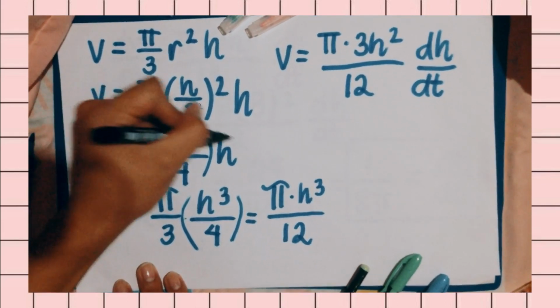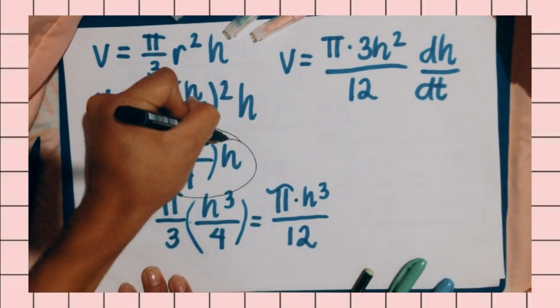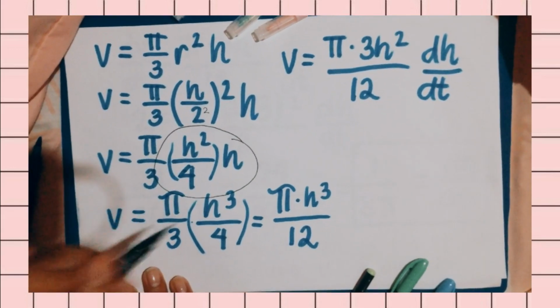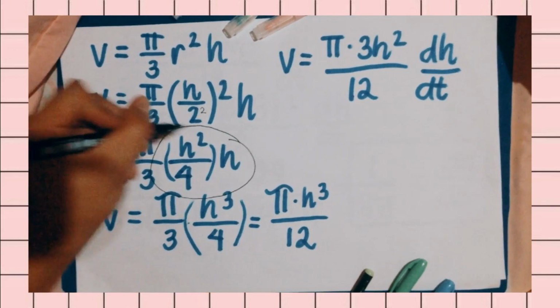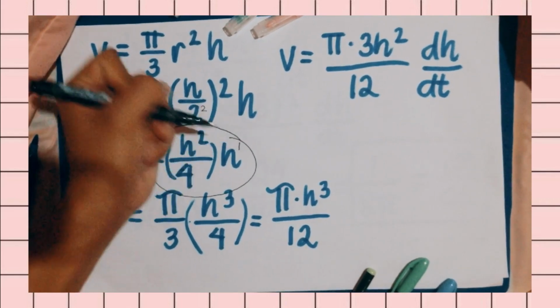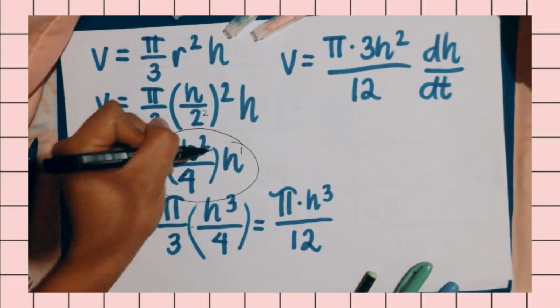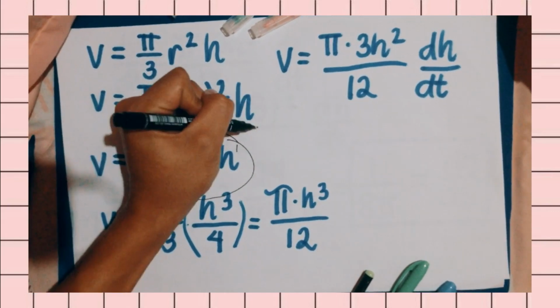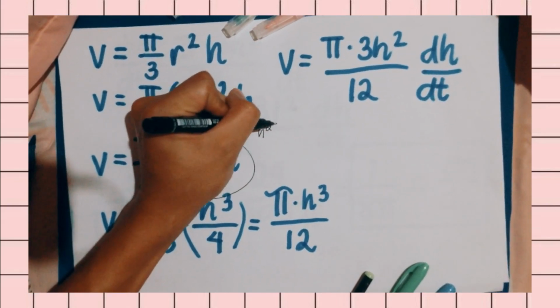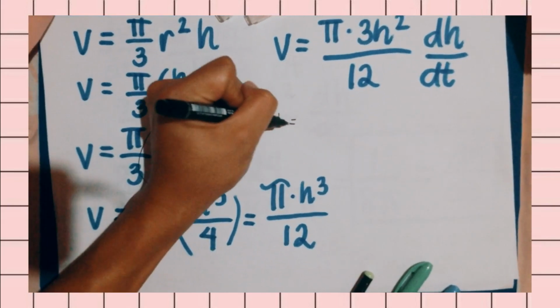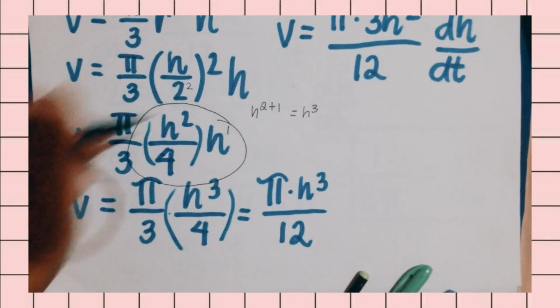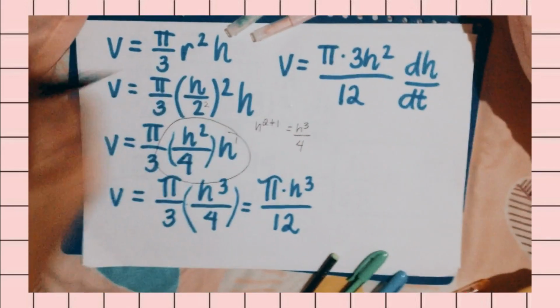So we will now multiply h squared over 4 times h. The h here has the exponent 1, so h squared times h is h to the power 2 plus 1, which is h cubed, over 4.